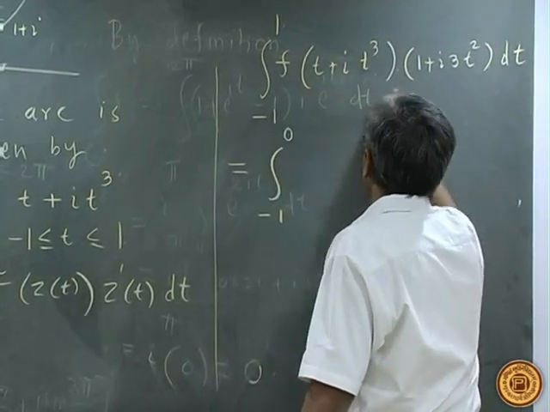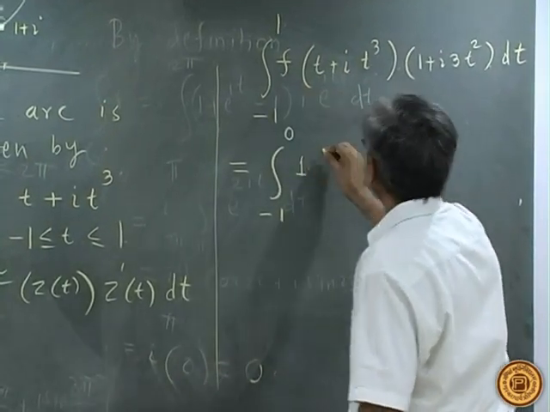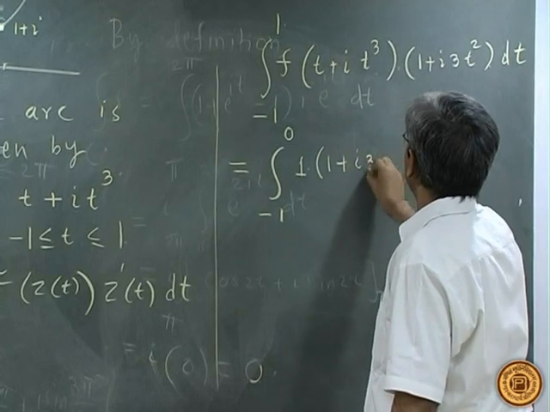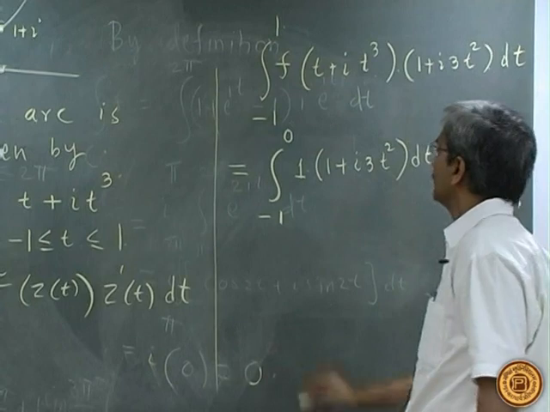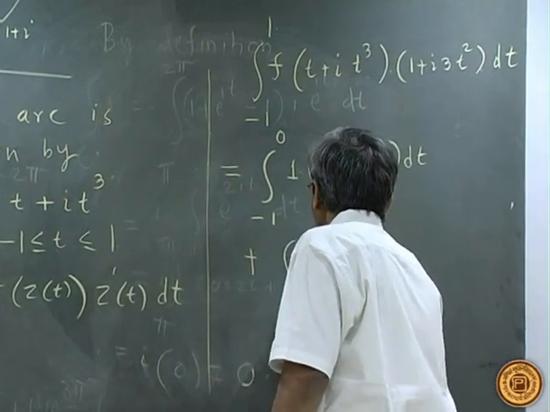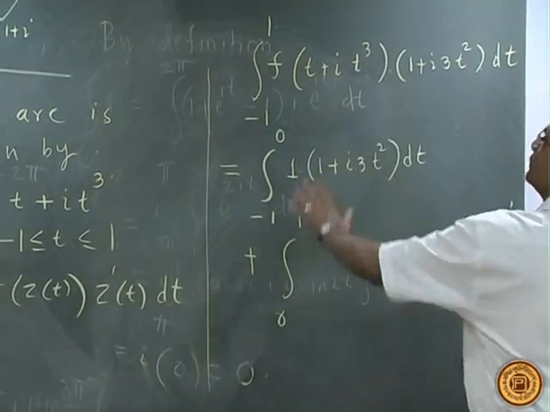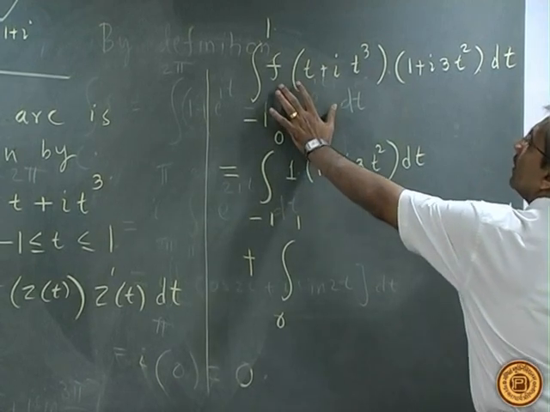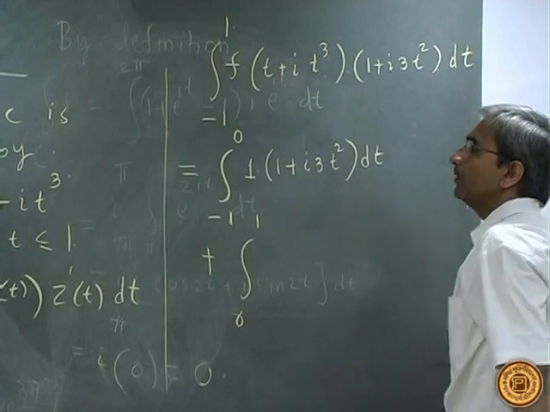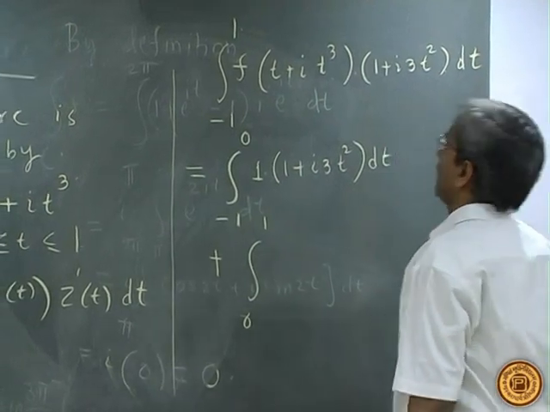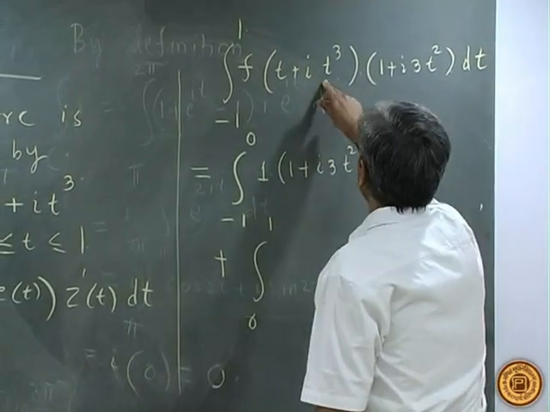On this f is just 1, so 1 plus I 3t square dt, plus 0 to 1, because from 0 to 1 y will be positive and then the value will be 4y, that is, it is 4t cube.